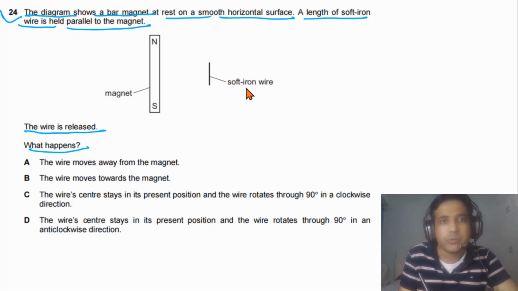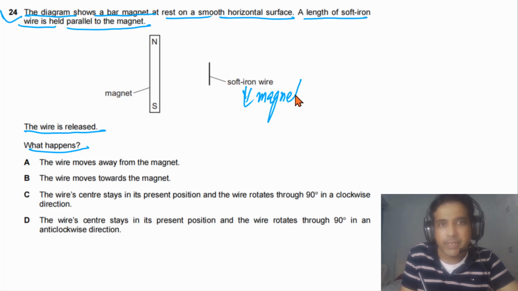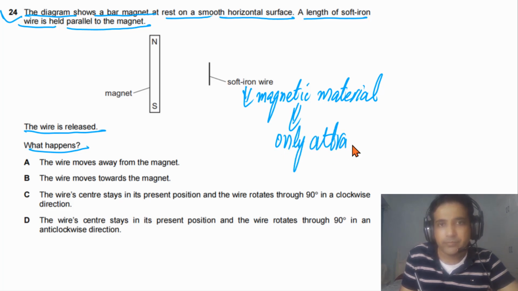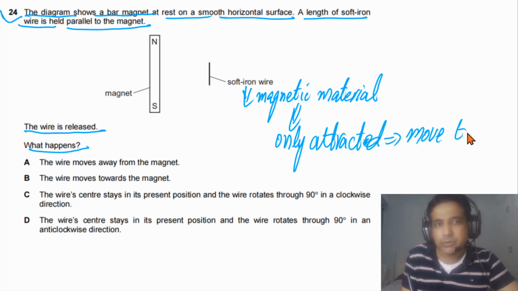In this case, we need to understand soft iron. This is a magnetic material, and a magnetic material is only attracted by a magnet. So it simply means that in this case, it will move towards the magnet.